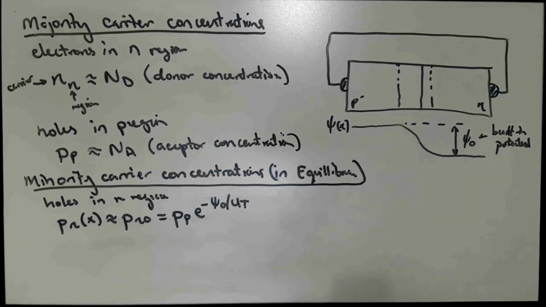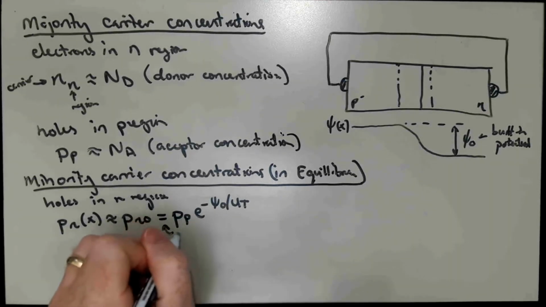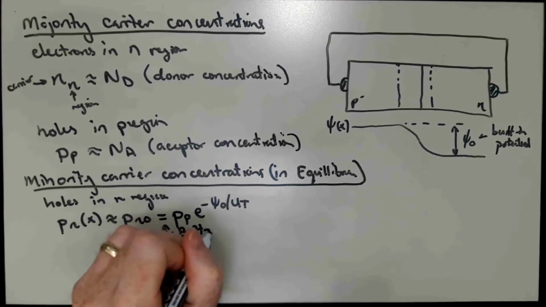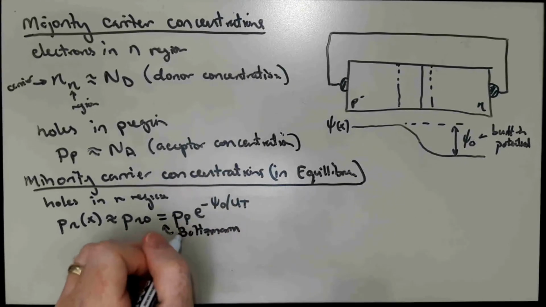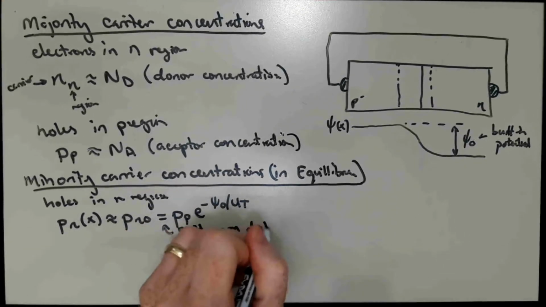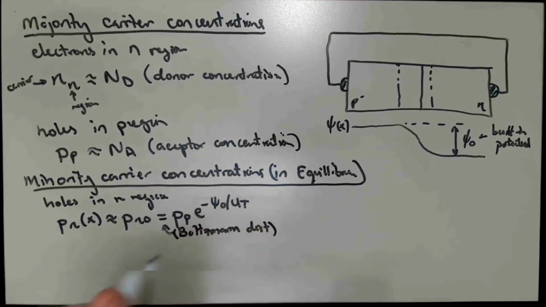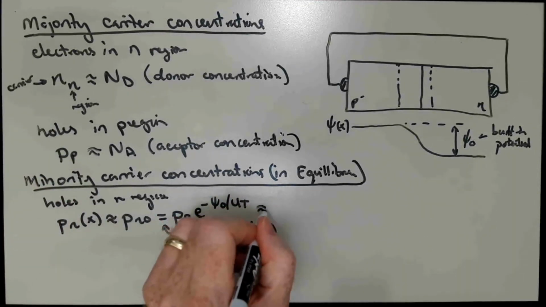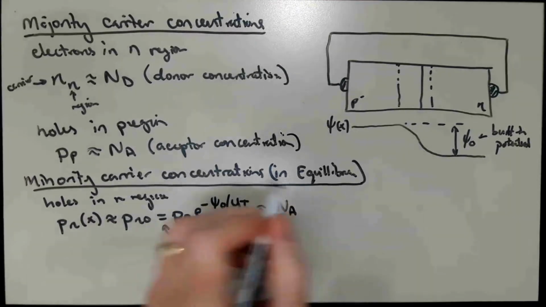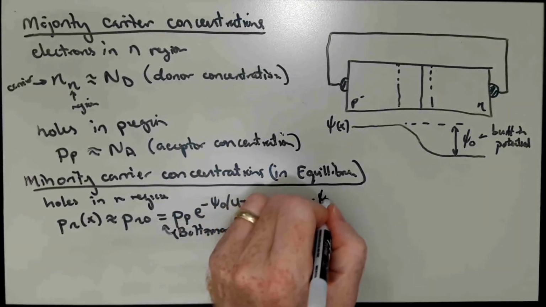That was the Boltzmann thing. So this is the Boltzmann distribution. And so because P sub P is about N sub A, we can write this as about N sub A times e to the minus psi 0 over ut.